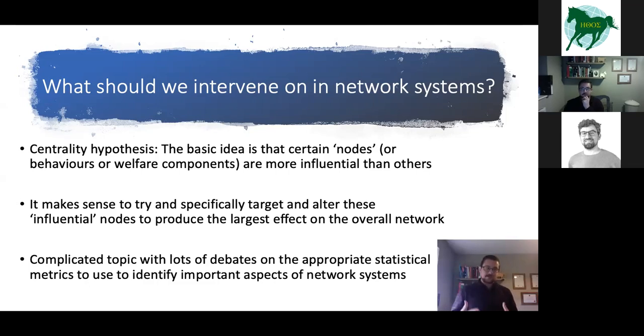It would make sense to specifically target and alter these influential nodes to produce the largest effect on the overall network. Without going into too much detail, because there are lots of debates about what the best measures of influence are, what statistical metrics of networks we should use to infer what's important in the network, for the sake of this example, just assume that we can do that.